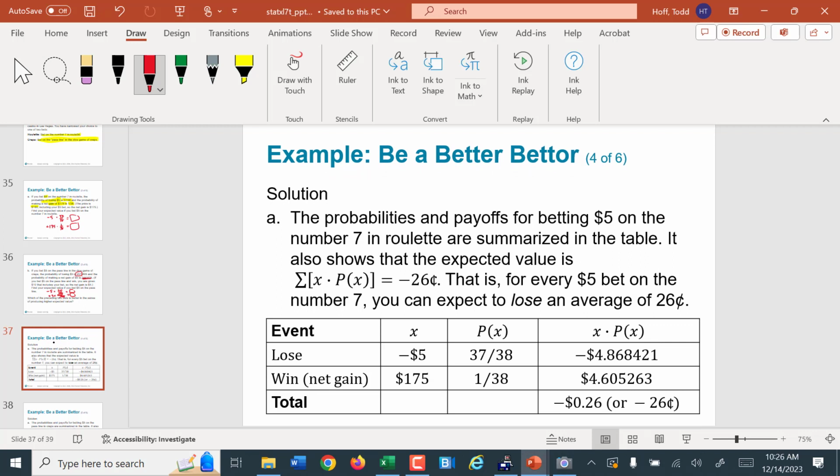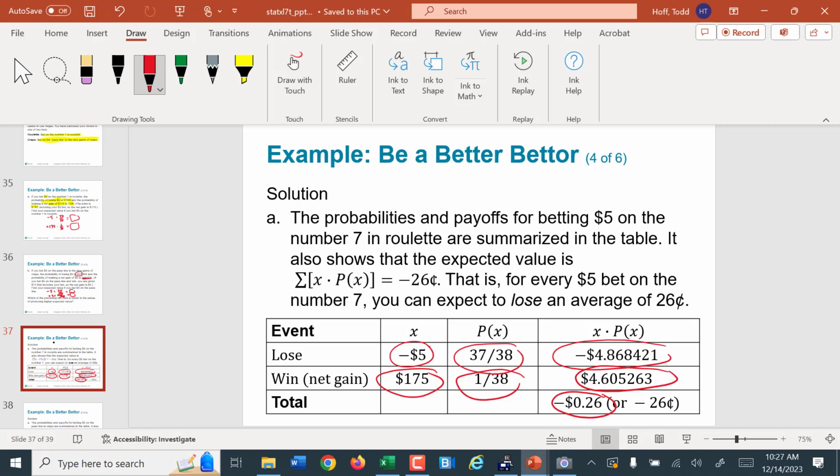So for the roulette wheel, -5 times 37 over 38 gives us a negative 4.868421. The positive 175 times 1 out of 38 gives us 4.605263. We add those up, we get a negative 26 cents.